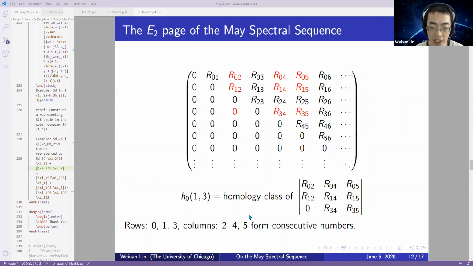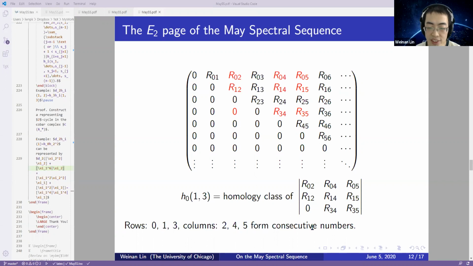Okay, so I can tell you the pattern now. You see that the numbers of these rows and columns, when you add them together, form consecutive numbers. I mean, 0, 1, 2, 3, 4, 5.